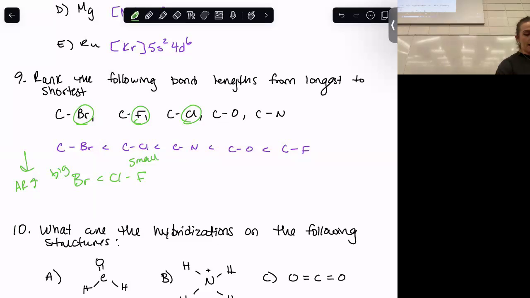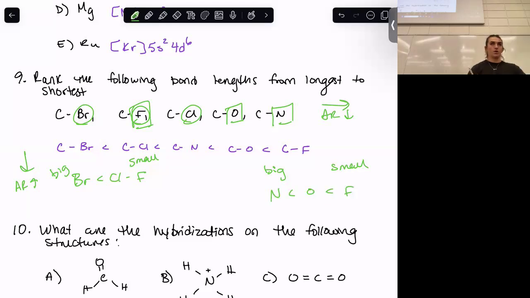We then have to look at oxygen and nitrogen. What happens as we go across the periodic table? And fluorine. Yep, atomic radius is going to decrease. So when we look at big to small here, we have nitrogen and then oxygen and then fluorine. What's the difference between chlorine and oxygen? They're both directly next to fluorine, but what's the main difference between the two?